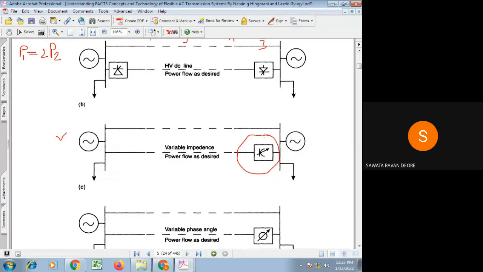Now by connecting the capacitor in series with that transmission line, its net reactance is reduced, that is 2X minus whatever XC is there. Suppose this is of reactance XC. Again, it is variable, it is controllable, so we can vary this XC as we require.